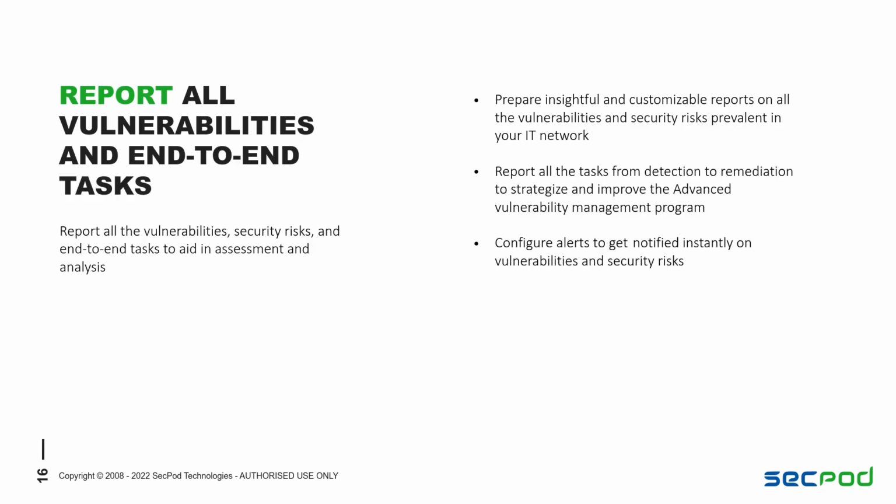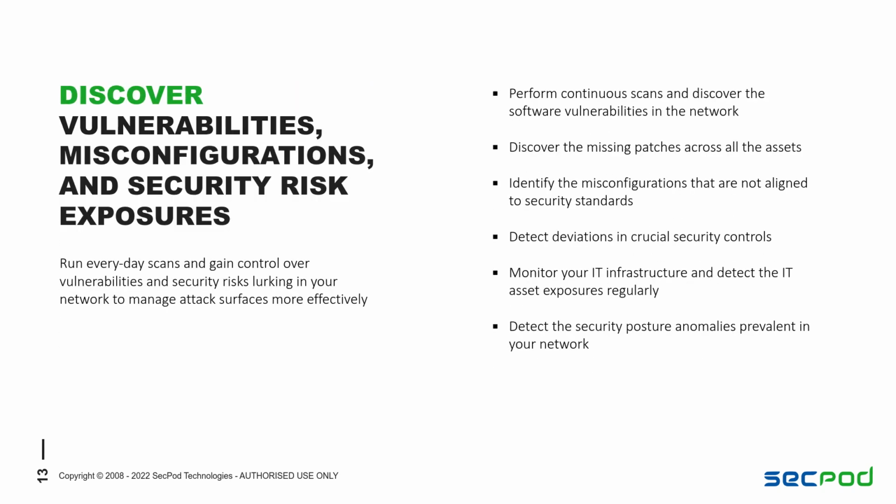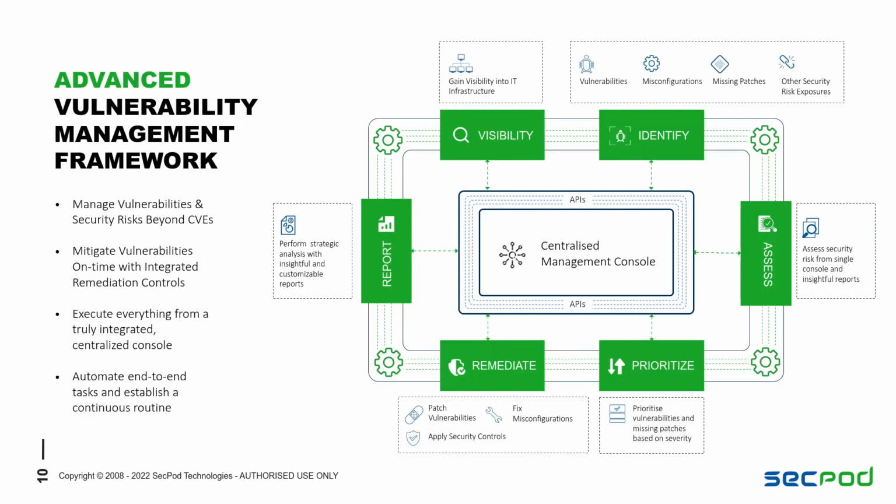So if you were to look at that diagram once again, all of these layers coming together on a single console, talking to each other, being able to make those decisions or help us make those decisions, and being able to automate this entire process is what we call advanced vulnerability management.